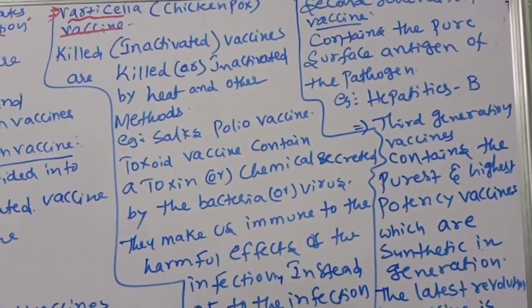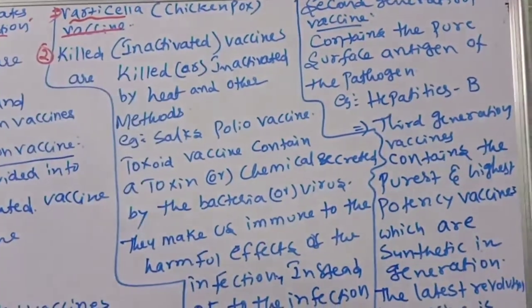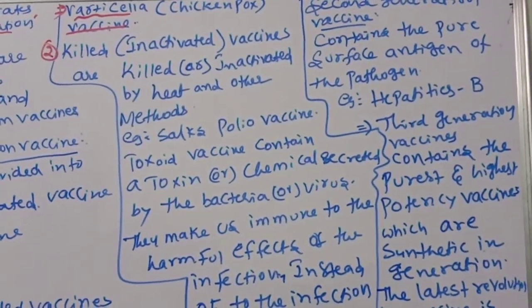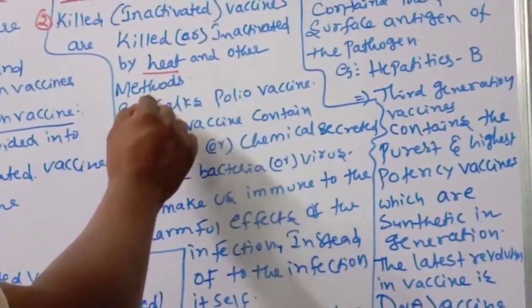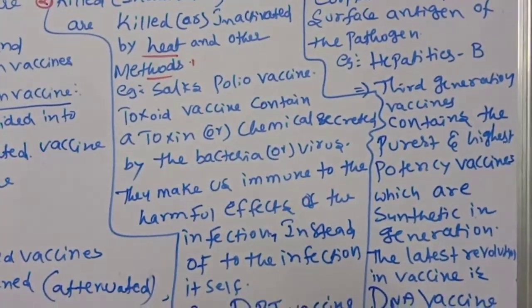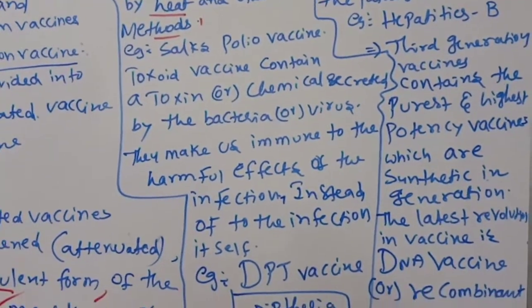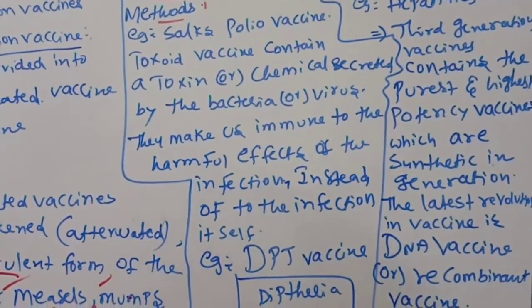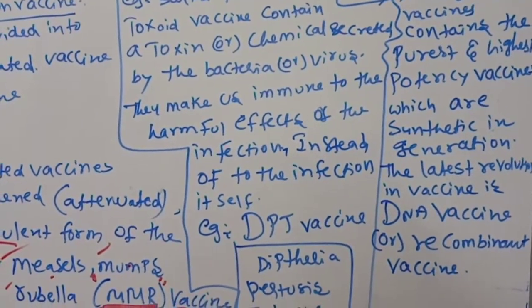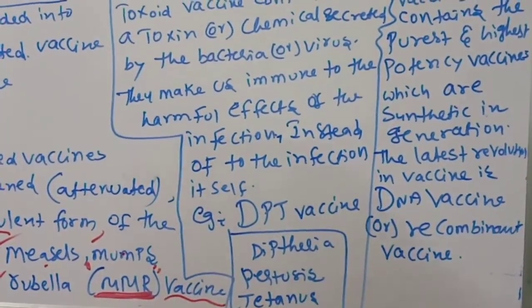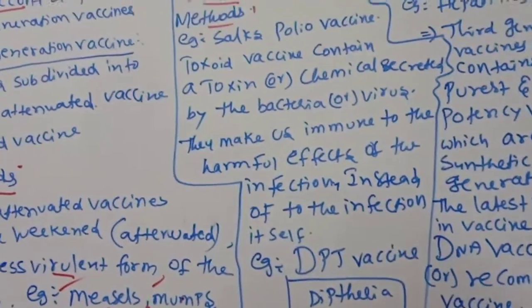The next, killed vaccine or inactivated vaccines are killed or inactivated by heat and other methods. So the virus we are taking and killing by using heat. Then that virus dead particle we will insert into the patient body to improve their immunity.